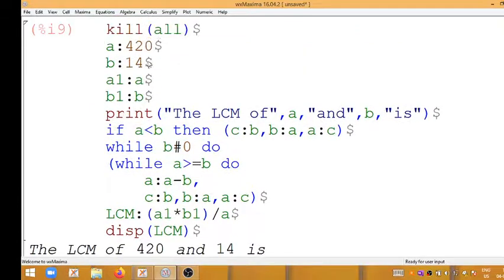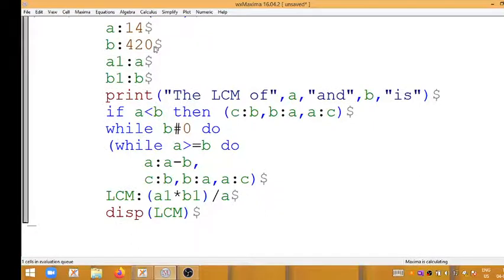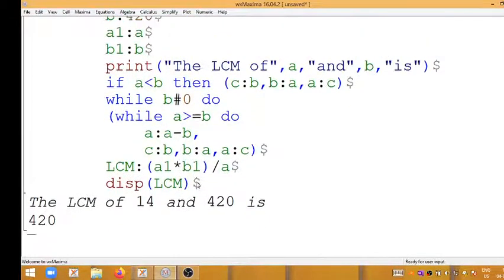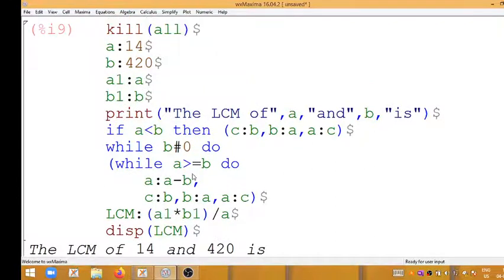By interchanging these values, the answer doesn't change. Taking 14 as A and 420 as B, and executing, the LCM of 14 and 420 is 420. Like this, the program part is completed.